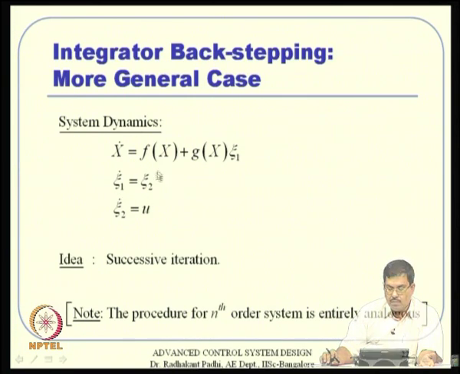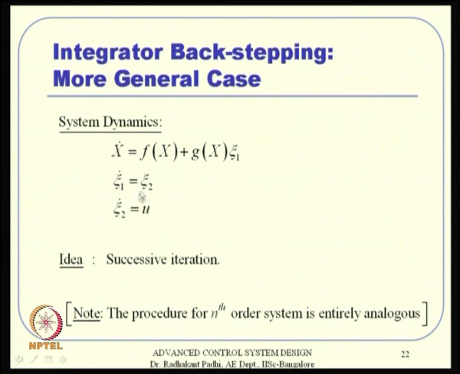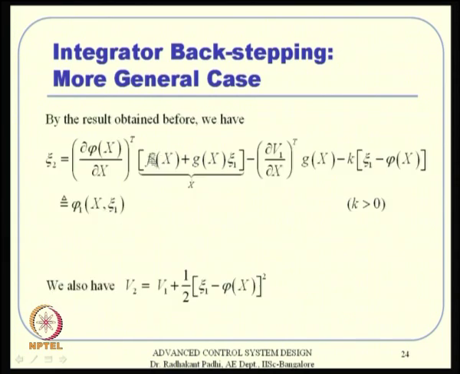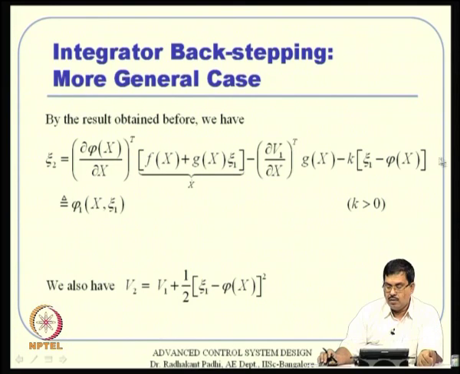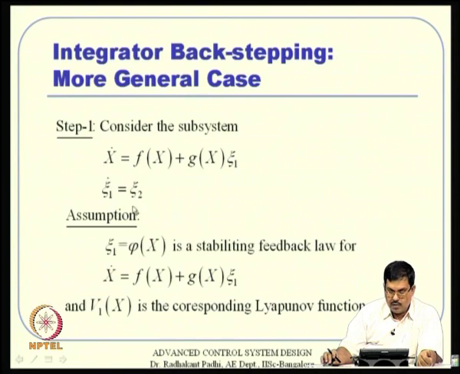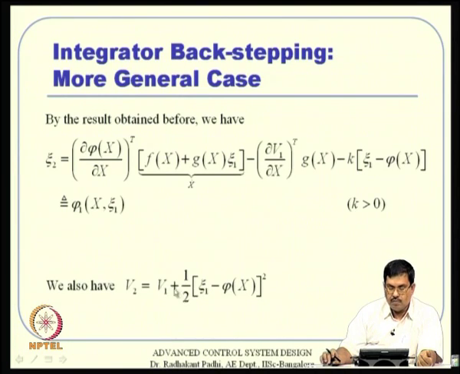The analogous inference is that we can directly write xi2 instead of worrying about all the derivation one more time. So, let us write xi2, and xi2 has to be in this form: del phi by del x into x dot minus this term minus that term. That is available, and we also have a composite Lyapunov function for this system, which is v1 plus this one, that we also just discussed.